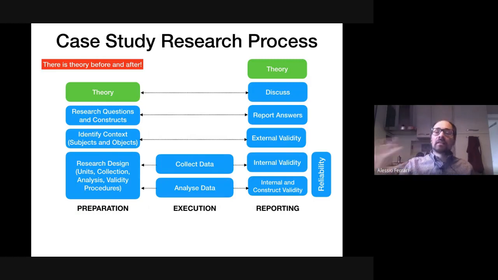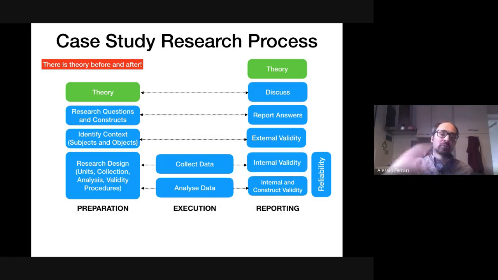In qualitative studies, you normally don't start from existing theories, but you build up the theory in a grounded way, in an inductive way. In this case, you have theory, and that is the case that is most representative of reality. Actually, you have theory before and after. Okay, you have some theory that exists, and some theory that is enriched by your findings.